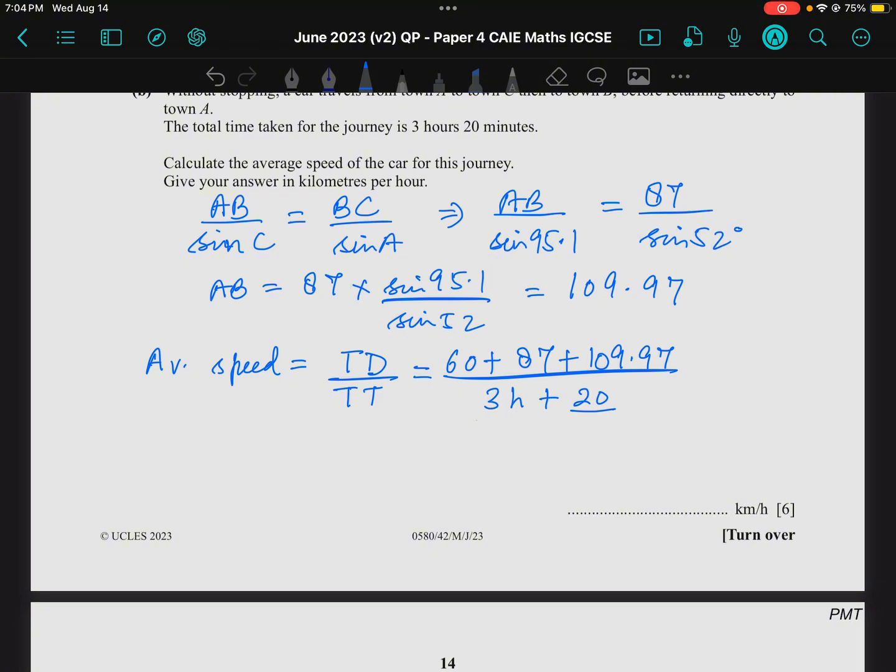So it is 20 upon 60 hour, which is 10 upon 3 hours in total. When you put it in your calculator, you get 256.97 divided by 10 upon 3. So average speed comes out as 77.09 kilometers per hour. So you can write it here as 77.1.